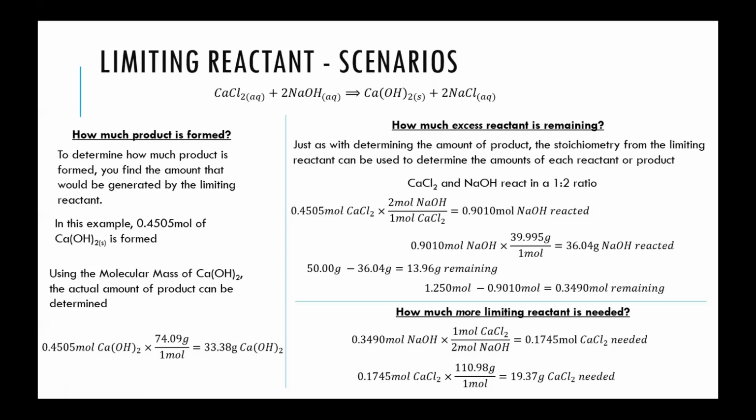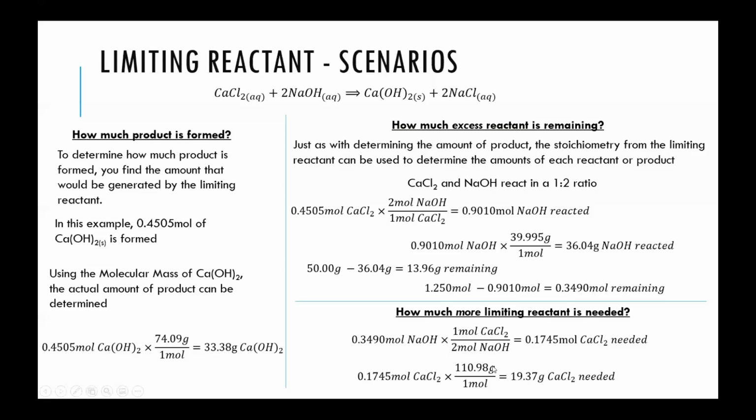You can also do it just based on the moles. If you already converted the 50 grams into moles, you had 1.250 moles of sodium hydroxide, and 0.9010 moles reacted. So you're left with 0.3490 moles of sodium hydroxide that is left over and can still react.